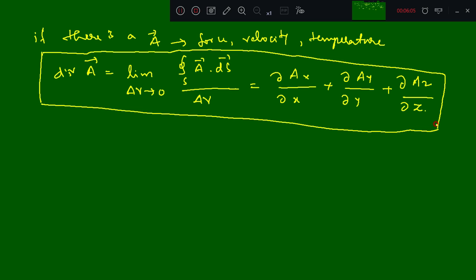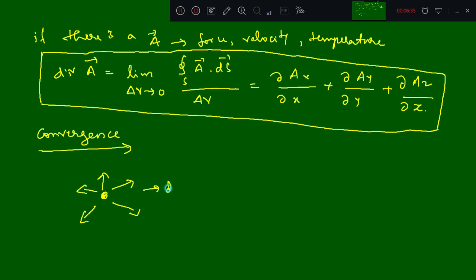So we have divergence and convergence. We know the divergence. Now what is convergence? Consider any point or a small surface area. If the value of A is going outwards, the divergence is positive.